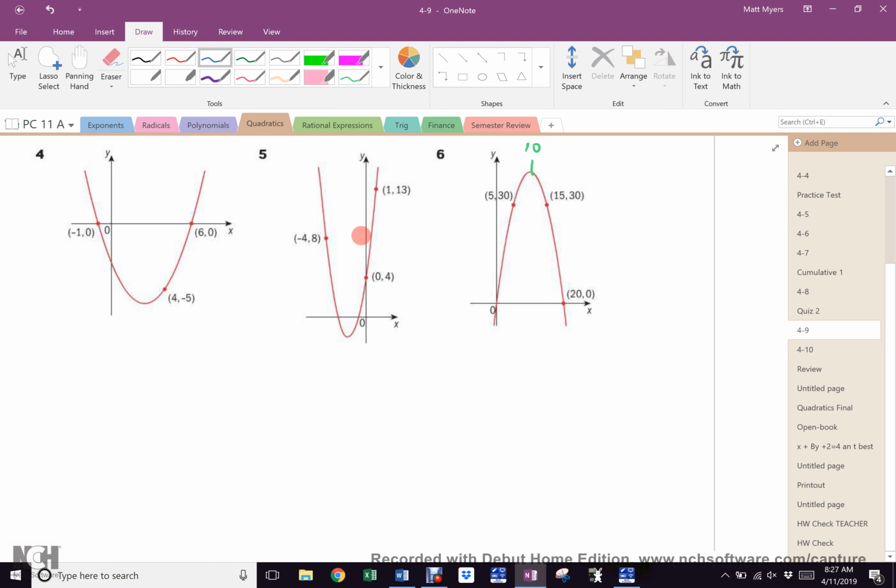No. But I need this form. ax squared plus bx plus c equals y, right? The only way to solve this is to use 3 points.